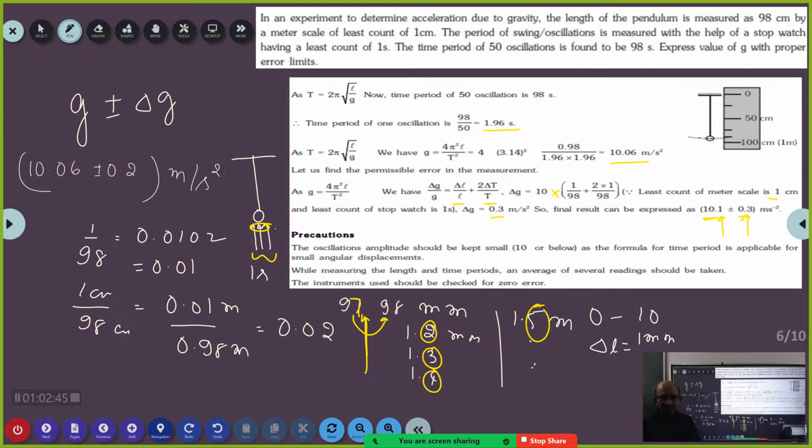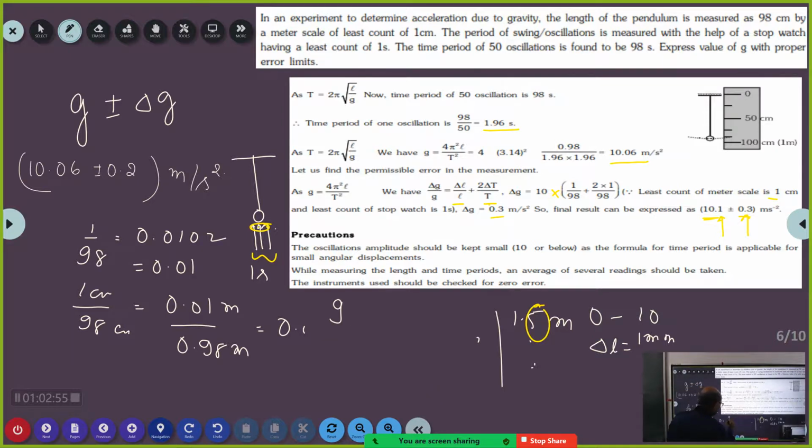That means again in that oscillation, that means 1 second. In that stopwatch, you listen to me. The stopwatch was showing 97 and it was going to 98. Got it? In between 97 to 98, you have got still 1000 milliseconds.